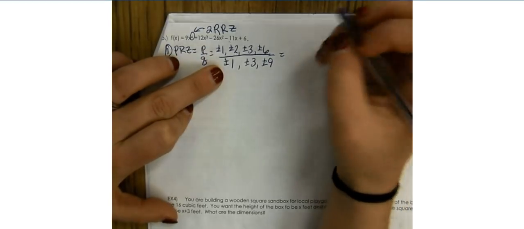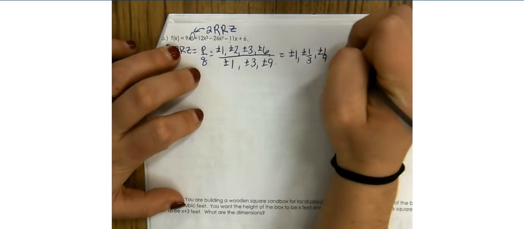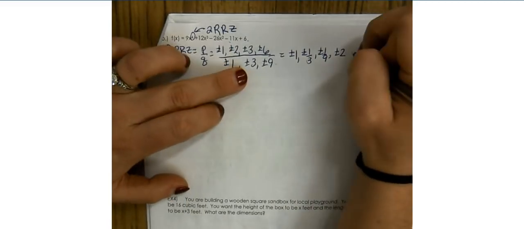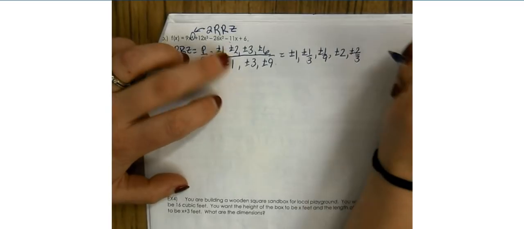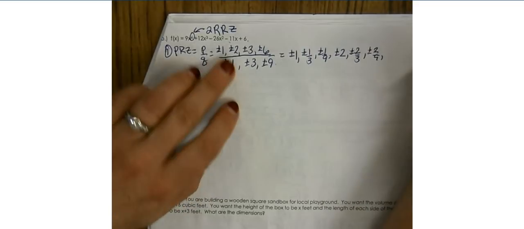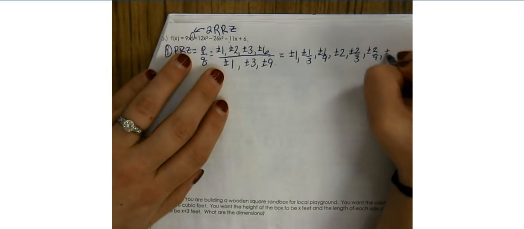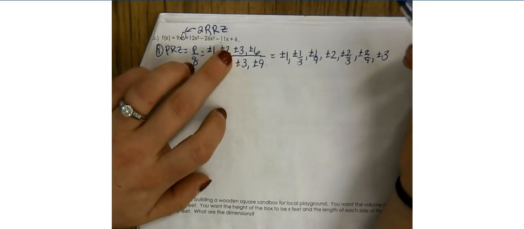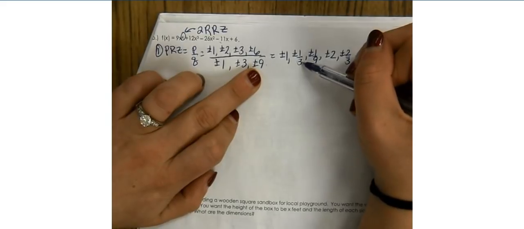So I'm going to divide every numerator by every denominator. So 1 over 1 is 1. 1 over 3 is plus or minus 1/3. 1 over 9 is plus or minus 1/9. 2 over 1 is plus or minus 2. 2 over 3 is plus or minus 2/3. 2 over 9 is plus or minus 2/9. 3 over 1 is plus or minus 3. 3 over 3 is 1, and I'm not going to write it again. 3 over 9 is 1/3, and I'm not going to write that again.